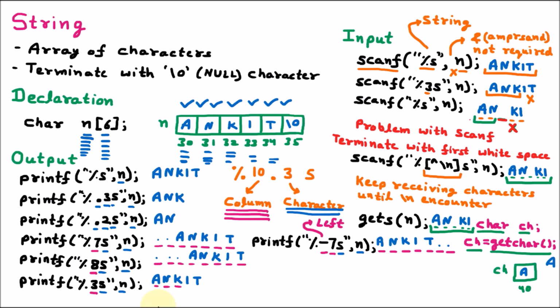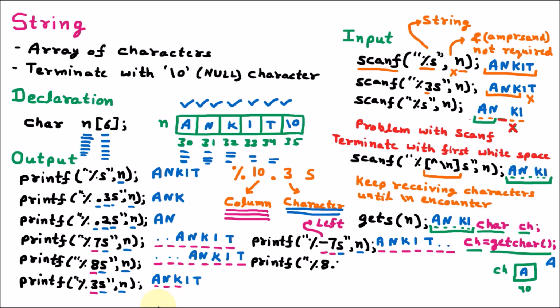Now let us suppose that we are going to merge column and character together. So here we are writing printf, means printing on the screen. Then we start with the bracket, then double quote, %. Then afterward we are, let's say, saying 8. We know that 8 is for the column. Now afterward we are putting dot. After the dot, whatever we are saying, that is for the character.